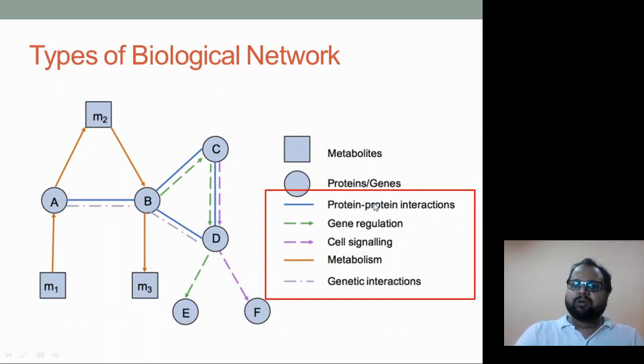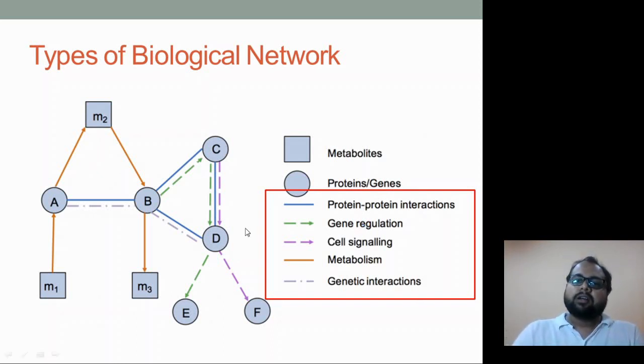So when it comes to protein interactions, the network looks something like this. You tell me, how does this network look like? Yes, it's an undirected network, if you guessed it right, because there are no arrows to it. So protein interaction networks, all of them are undirected ones.